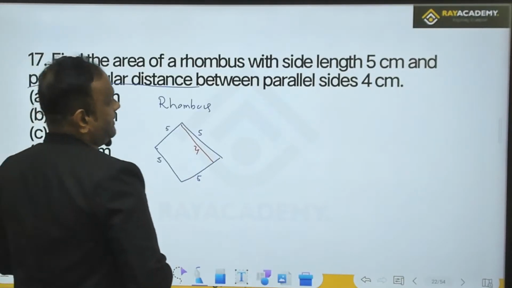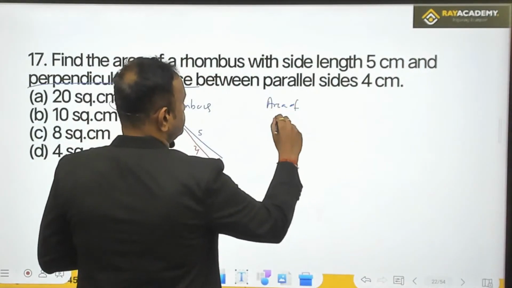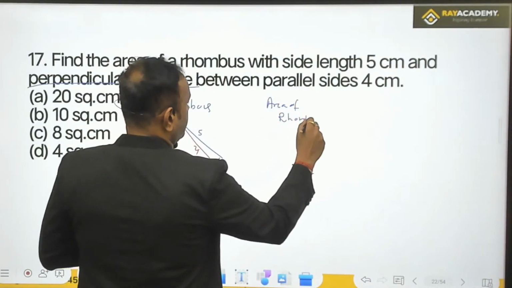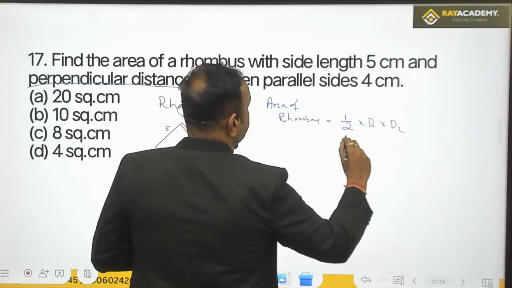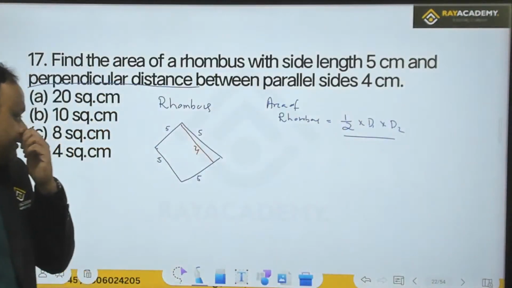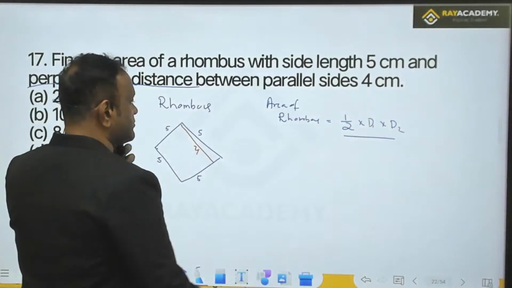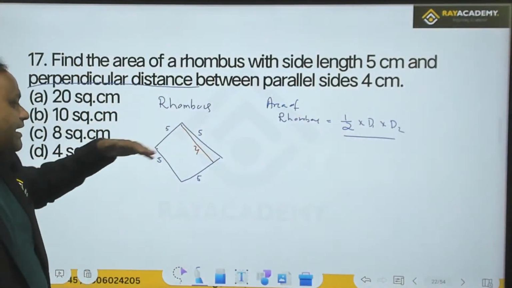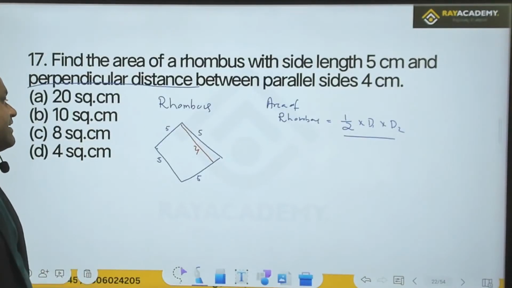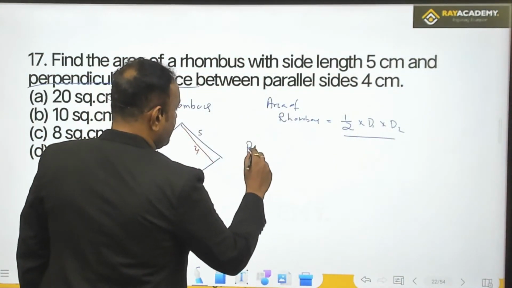So what is the area? The area of a rhombus, which formula do we know? Half into d1 into d2, where d1 and d2 are the two diagonals of the rhombus. But here you would have to find the diagonals. How to find the area of this rhombus? Rhombus is also a parallelogram.